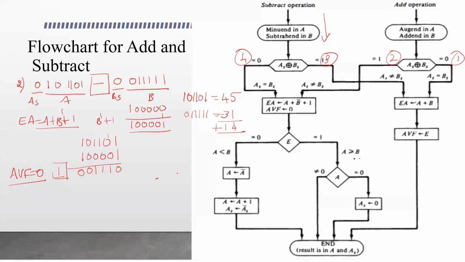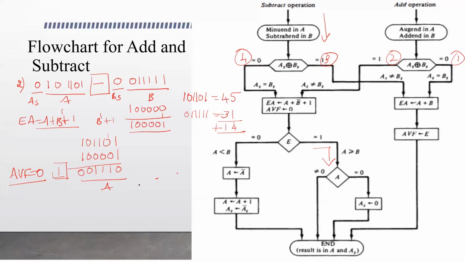So if A is greater than B, we take this path here and we check A is 0 or not 0. It is not 0. Okay, this is our A result. So we consider it as a result. So the result must be correct here. If we check it, the result is 0, 1, 1, 1, 0.